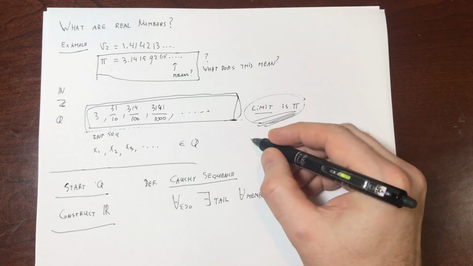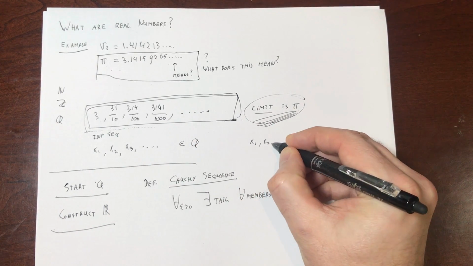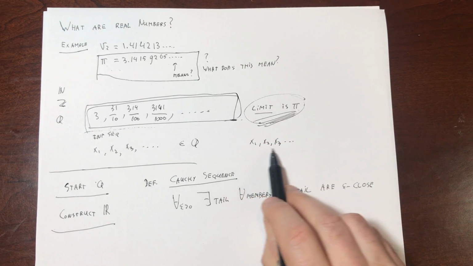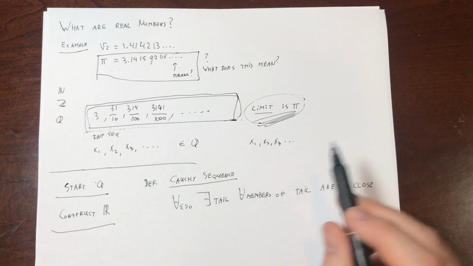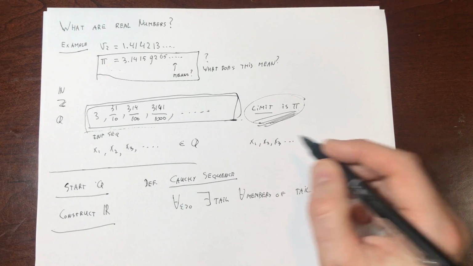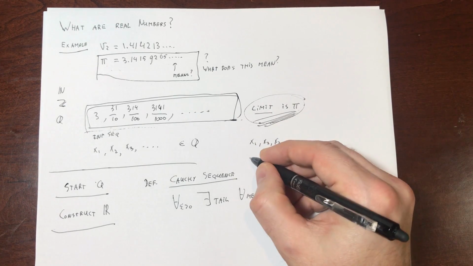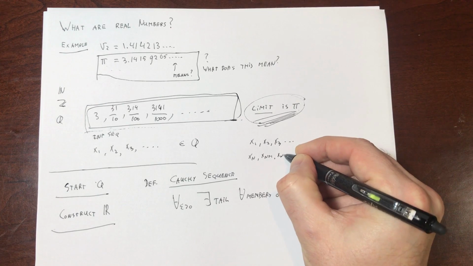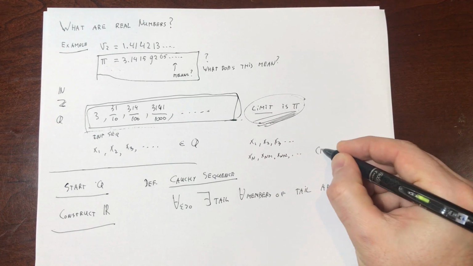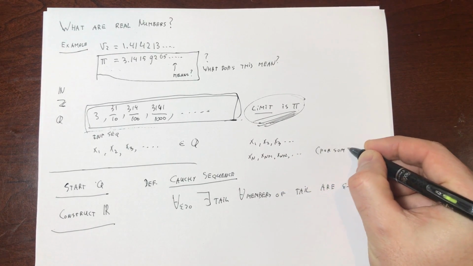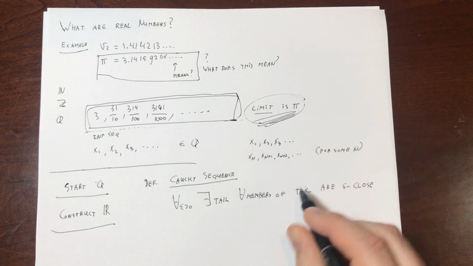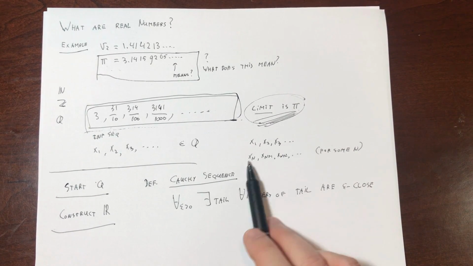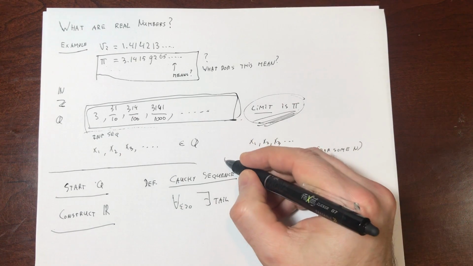If you have a sequence, then the tail is just throw away the first n terms and keep the rest. Or let's say if I throw away the first n minus 1 terms, then I'll get these. So for some n, you throw the terms x1 up to xn minus 1 away, and you keep what's left, and that's called a tail.